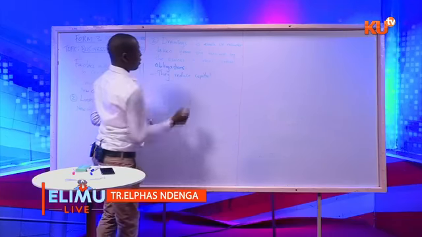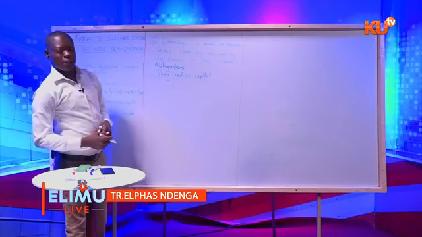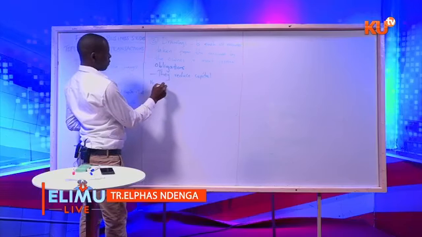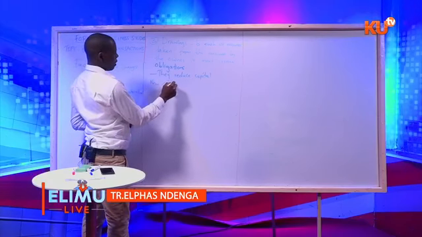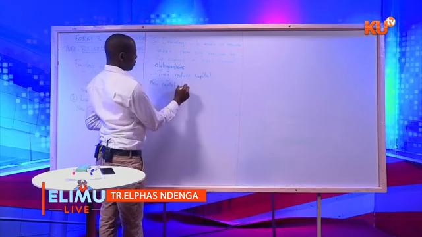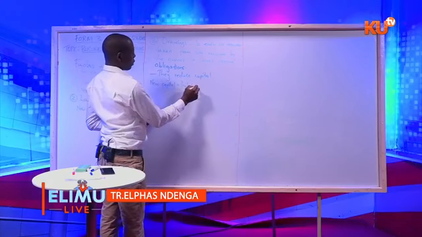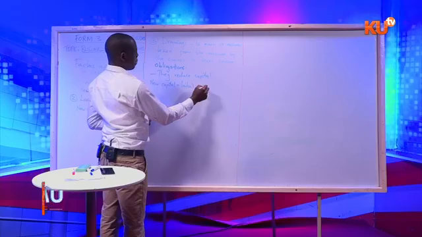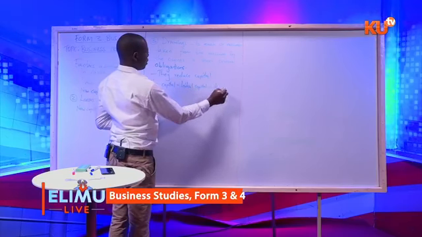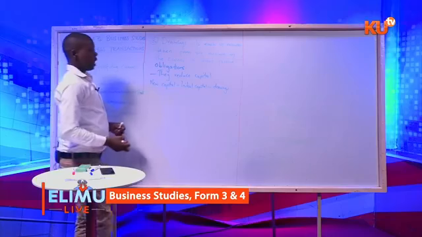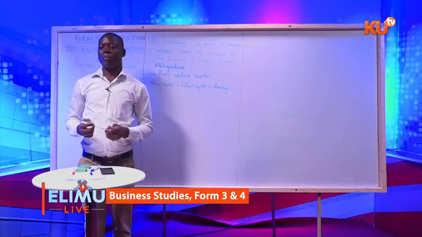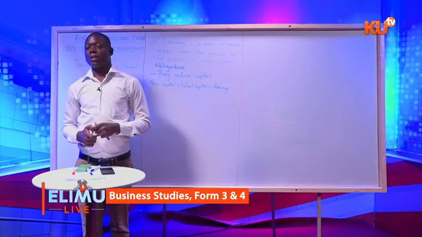Drawings reduce capital. Therefore, if I want to attain the new capital, I will have to take the initial capital, then I subtract the drawings. That is how I will attain the new capital. Take the initial capital minus the drawings.